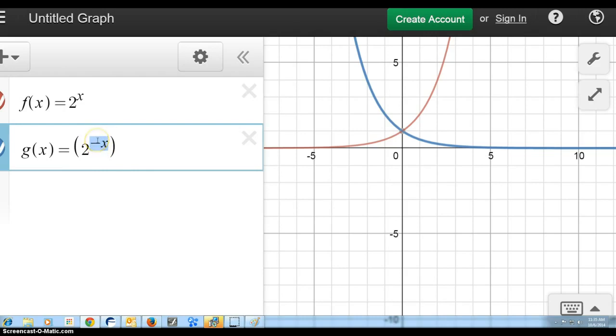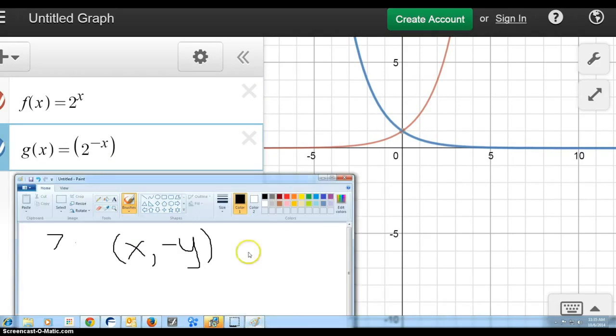Let's look at number 8, and then I'll let you do these by yourself. Number 8 is 2^x. The x's are opposite, but the y's are exactly the same.